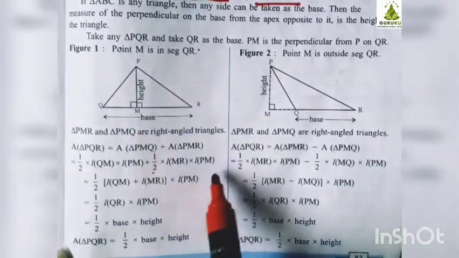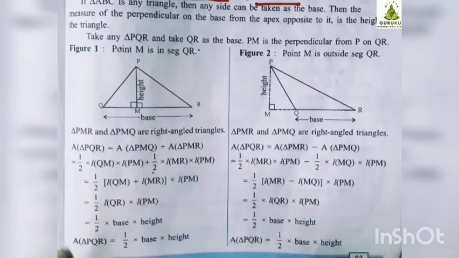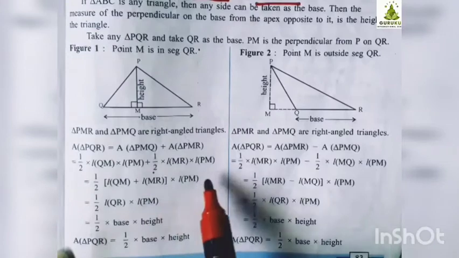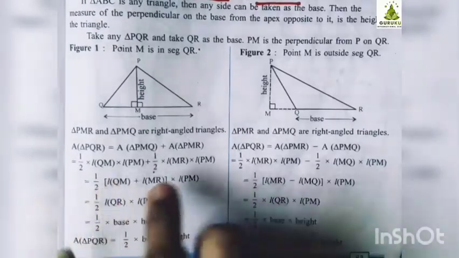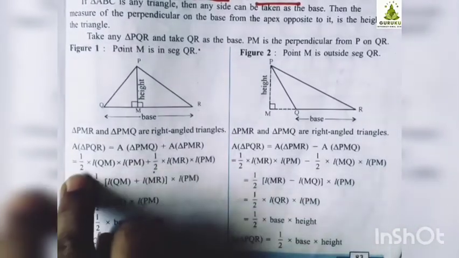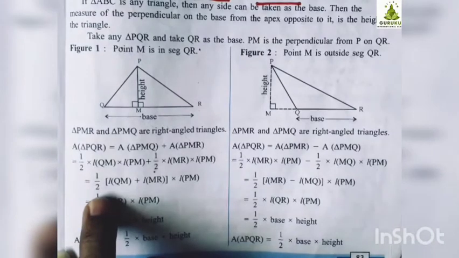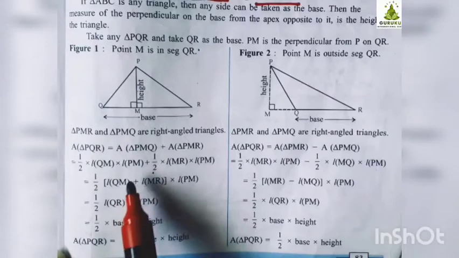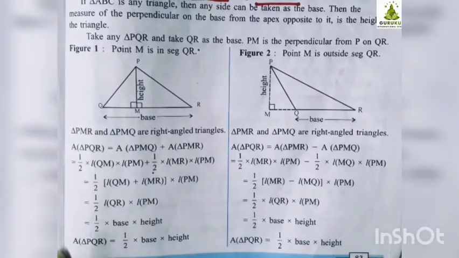Why? Because these sides are forming right angles. Now in both the cases half is there, here also half and here also half. So this half is taken out common, means it is written only once, and the remaining things we have to put inside the bracket.